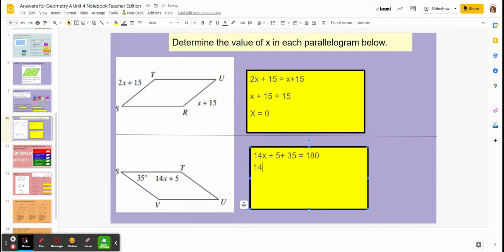If I add those like terms together, they're both together on the left side, I get 14x plus 40 equals 180. I subtract 40 from both sides. 14x equals 140. Divide both sides by 14. You should end up with x equaling 10.